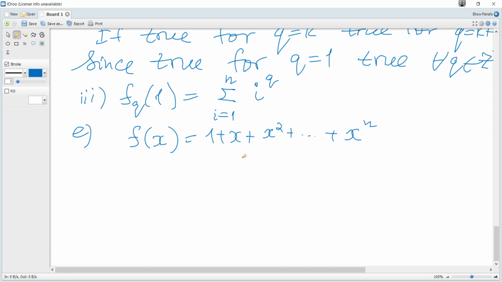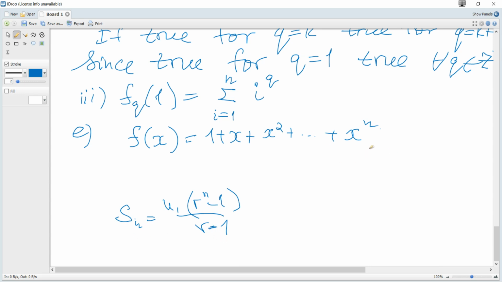So since it's a geometric series, we just apply the formula for the first n terms of the geometric series, but be aware, because in the formula we use n and n here, but they may be a bit different in general. So the sum of the first n terms is u1 times ratio to the power of n minus 1 divided by ratio minus 1.